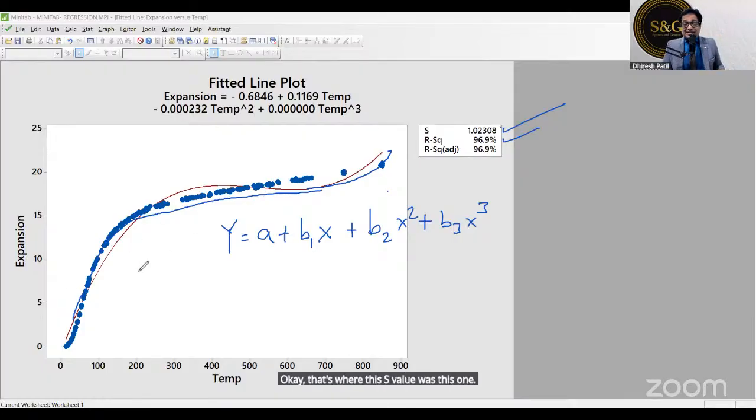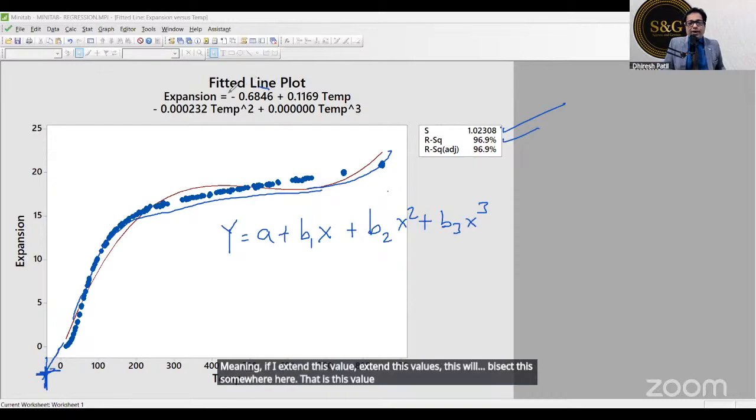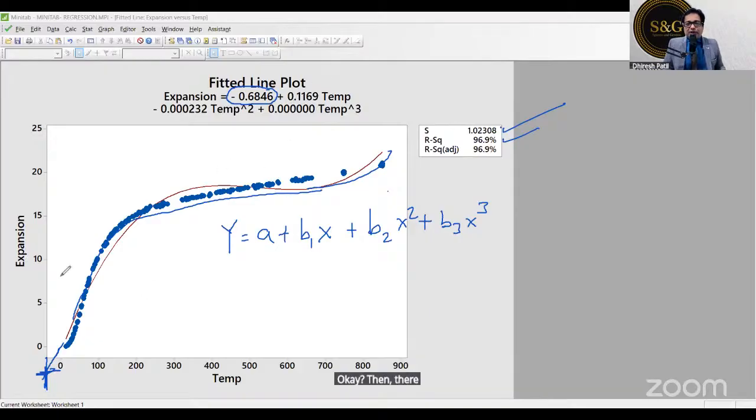Now understand this. Here there are values. This a is the intercept, meaning if I extend these values, this will bisect here somewhere. That value is minus 0.6846. Then there is a positive slope here.